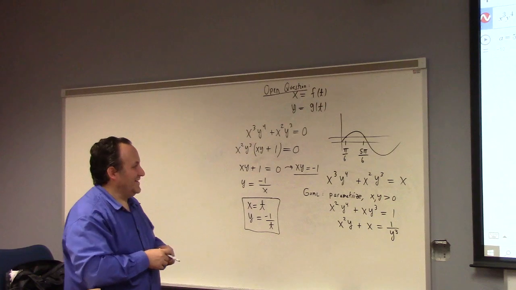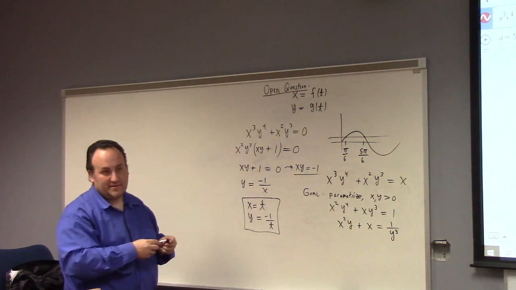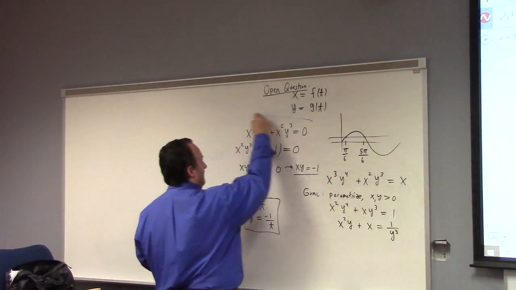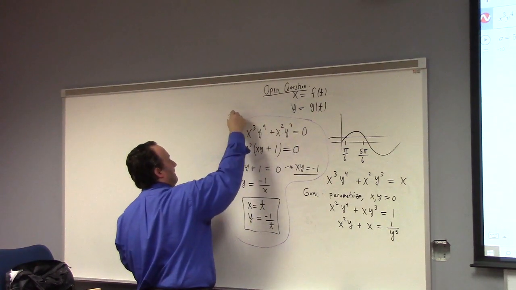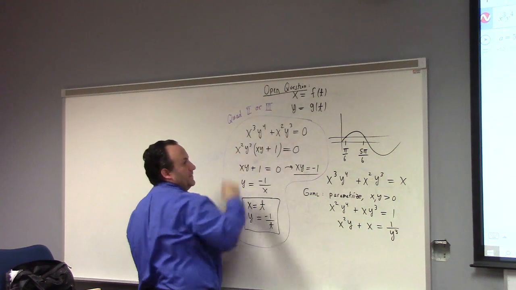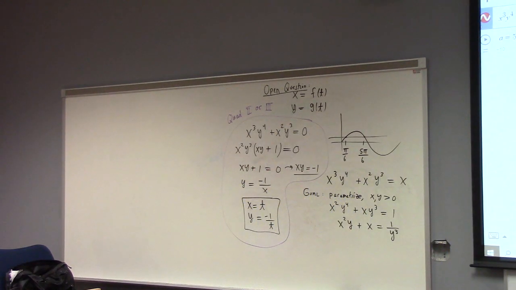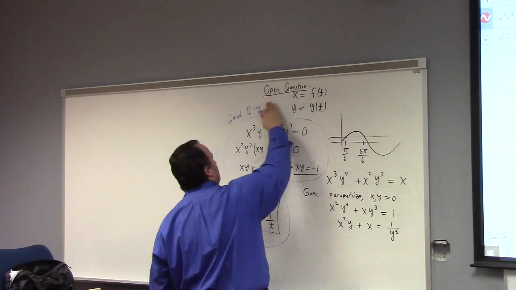So what have we found here inadvertently? In quadrant 2 or 3, as you can see, y equals minus x. Is this one or that one? Oh, 2 and 4. Sorry, I can't count.